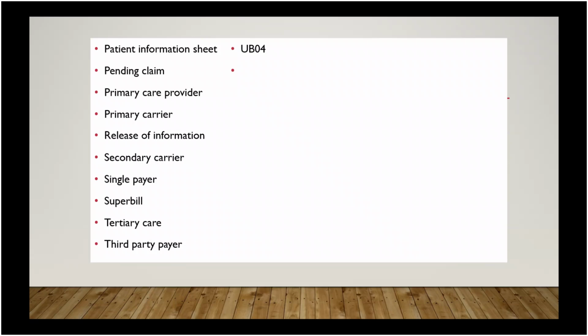We've talked about electronic health record and electronic medical record. Electronic health record is your complete medical record for multiple areas of service, such as your emergency department, your inpatient hospital record, your radiology, your lab work.